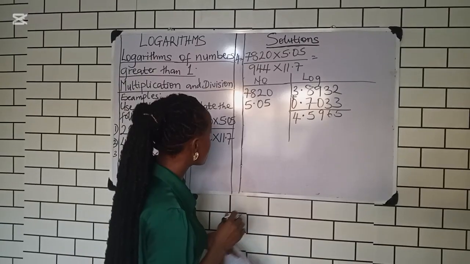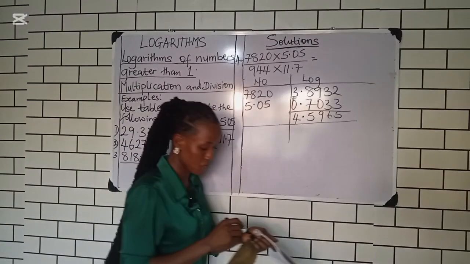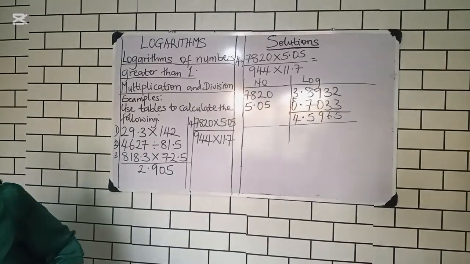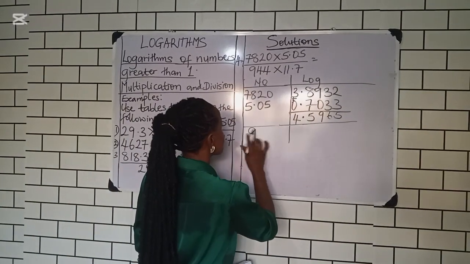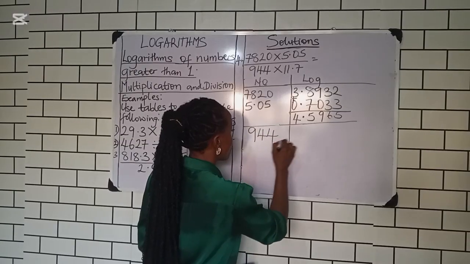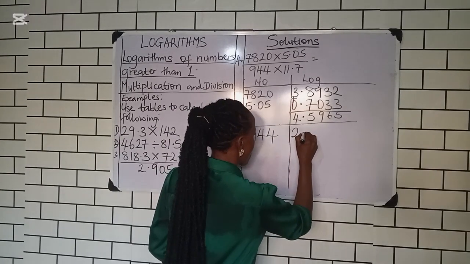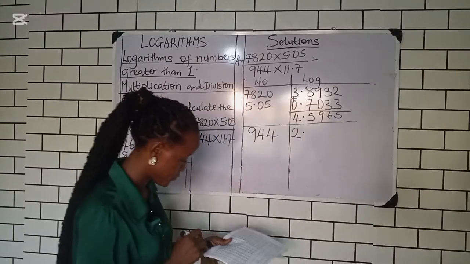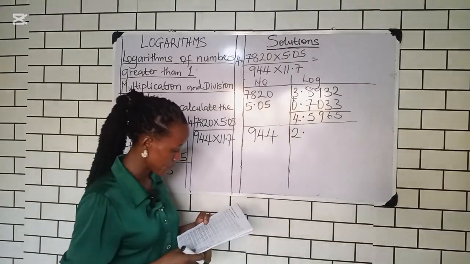Now, moving over to the denominator part, the first number here is 944. The characteristic part here is 2. Remember our method of finding the characteristic part.